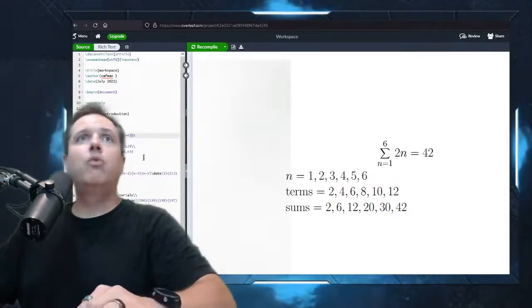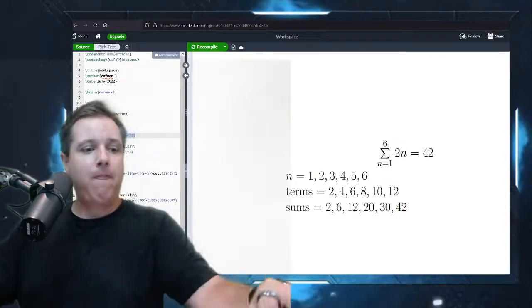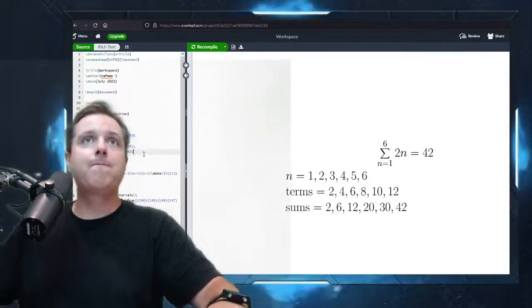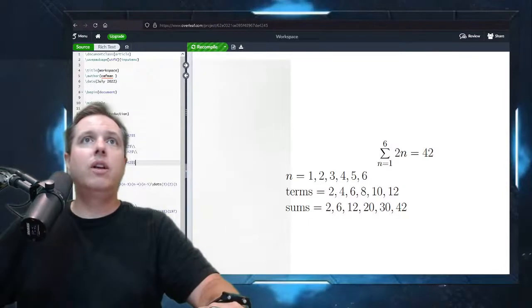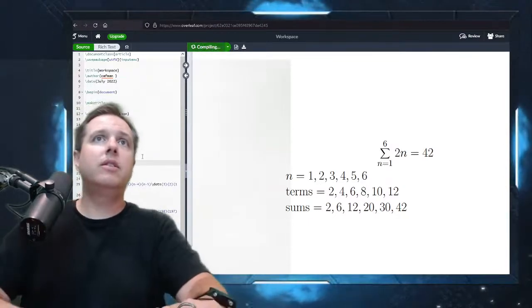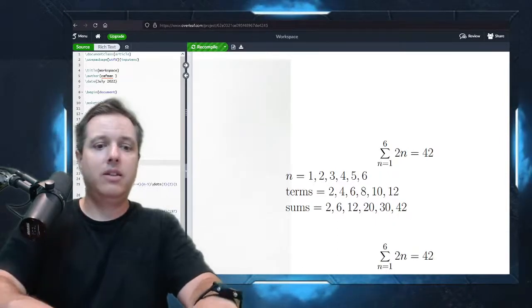It could be 4. And then the one on top tells you where to stop. So we could do one like this. N equals 3 to say 7.